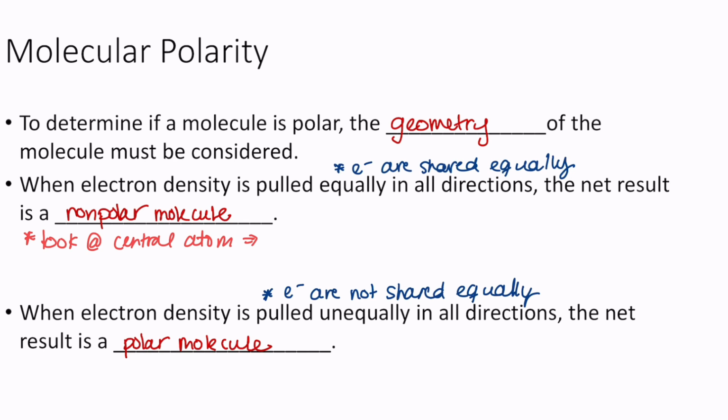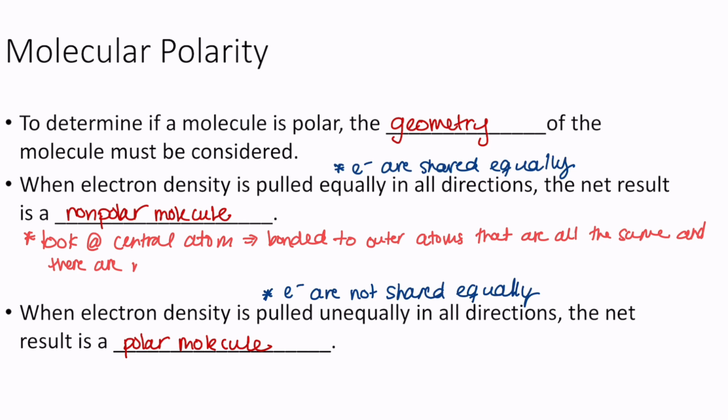If the central atom is bonded to outer atoms that are all the same, and there are no lone pairs, this is important, on the central atom, then the molecule will always be nonpolar.